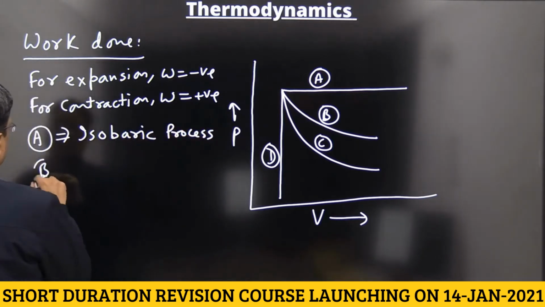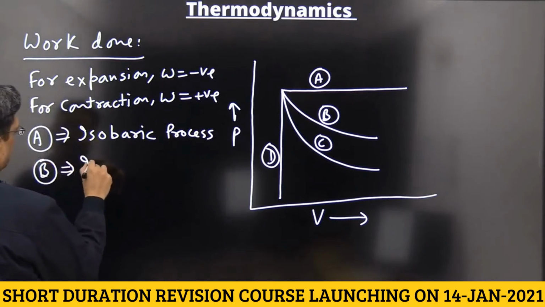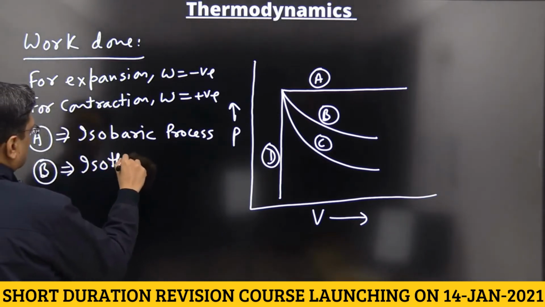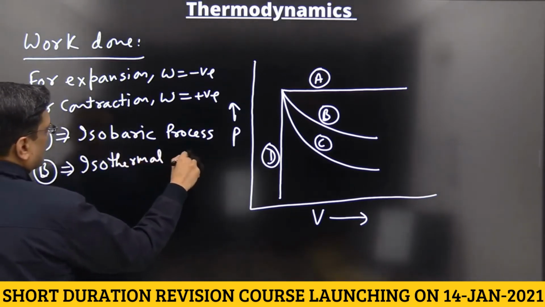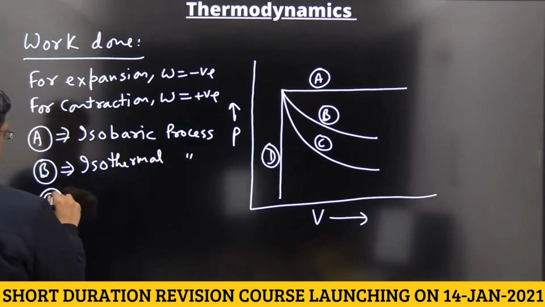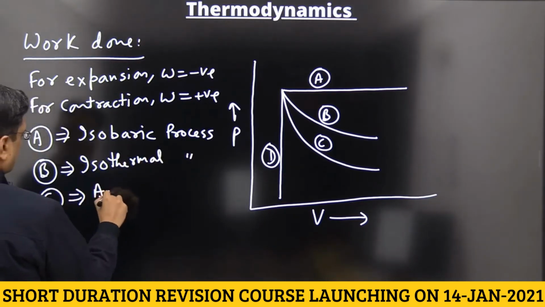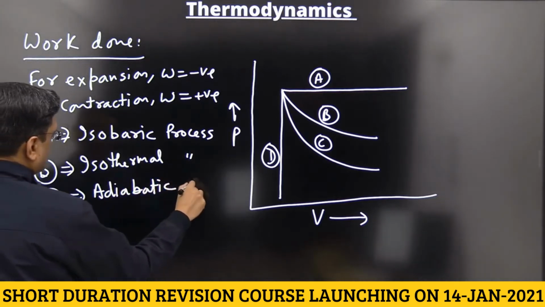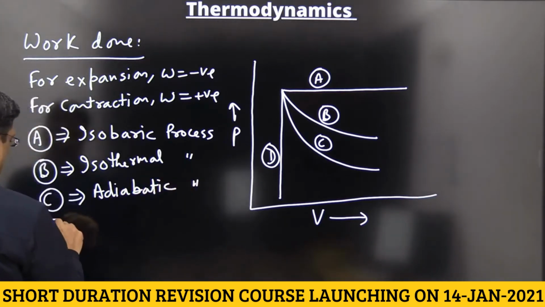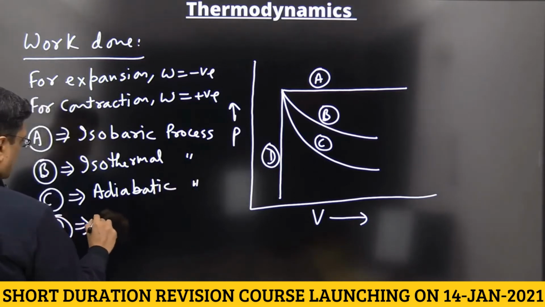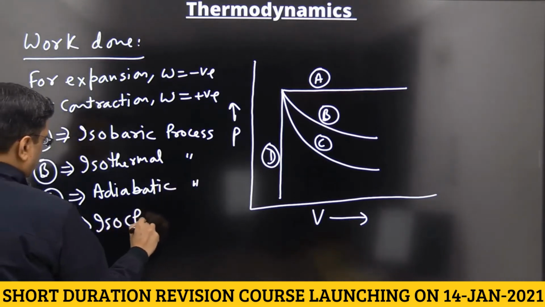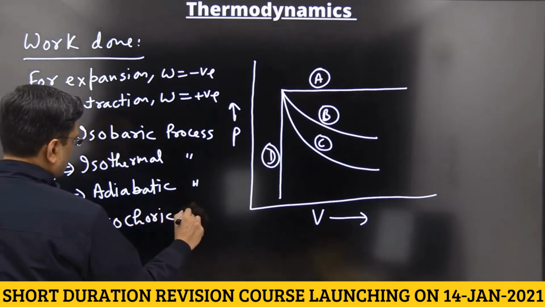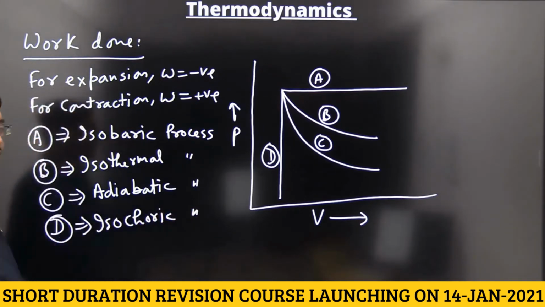B is the isothermal process. C is the adiabatic process, and D is the isochoric process. Right?